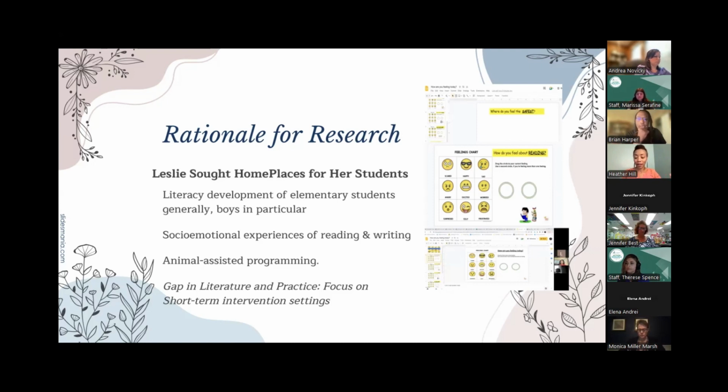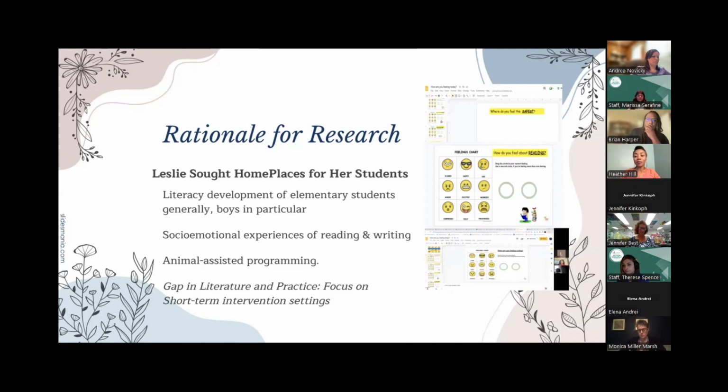Most are conducted in short-term intervention settings, outside of structured curriculum, so they haven't been examined in a second grade classroom. We also found that the studies didn't typically utilize an intersectional focus. They didn't speak to how the presence of the dogs would affect boys versus girls, or kids based on their unique marginalized positions.